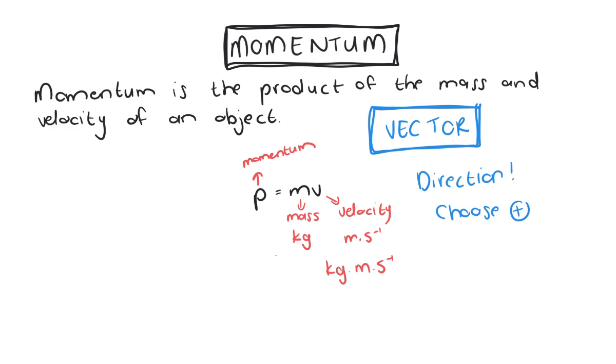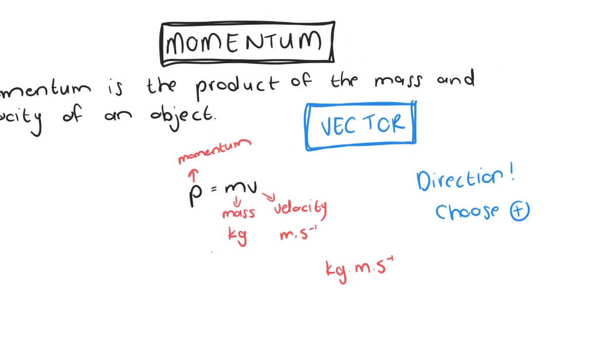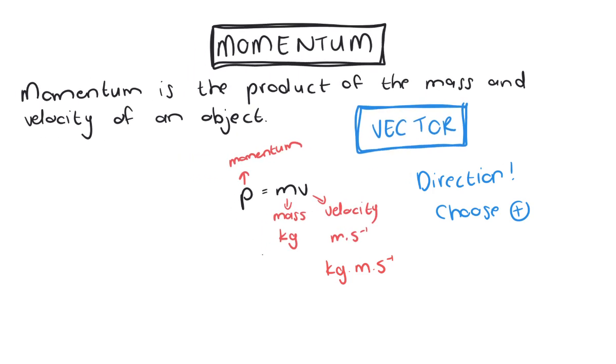Okay. And then you can also just look at the relationships when I'm dealing with momentum. So you will see that momentum is directly proportional to the mass, and it is also directly, like we said, very important, directly proportional to the velocity.